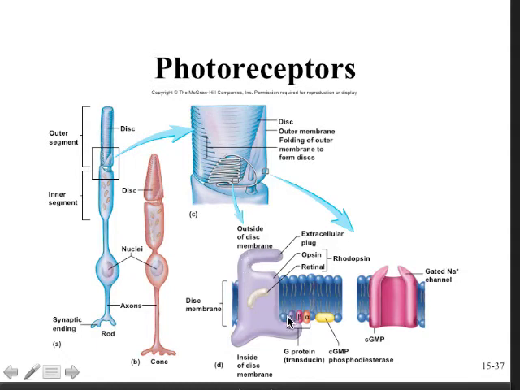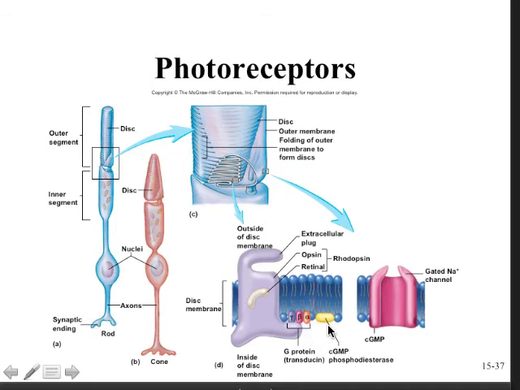You can see here that it's a G protein, okay, so obviously adenylate cyclase is going to be involved here, except in this case, instead of cyclic AMP, the signal is going to be cyclic GMP, which is very similar to cyclic AMP. That's the second messenger here.